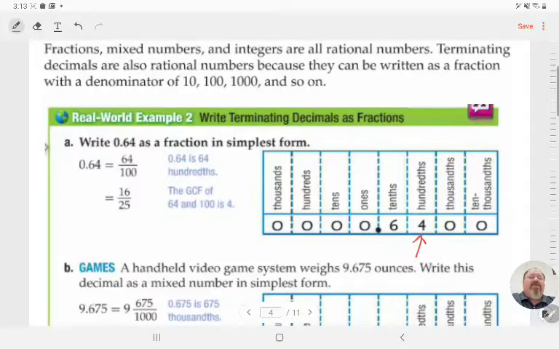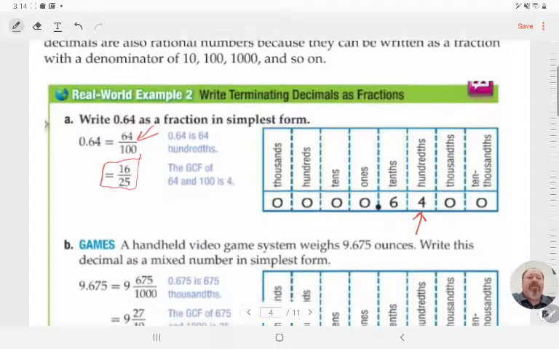So all we have to do is take that 64 hundredths and put 64 over 100. And then we want to simplify. What can go into the numerator and denominator evenly? Well, 64 divided by 4 is 16, and 100 divided by 4 is 25. So we divide the numerator and denominator by 4 and simplify that down to 16/25.